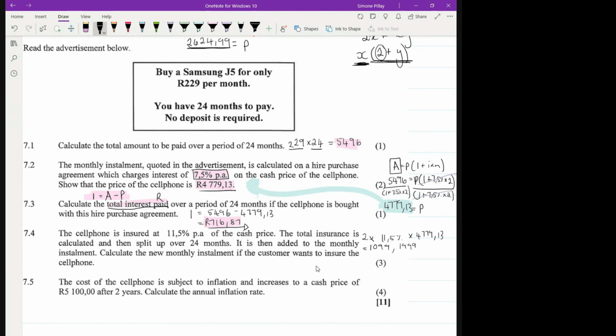So my add on is going to be 1,099.1999 divided by 24. And what I'm getting is 45 Rand 79.9, no, 799. And when we round that, it becomes 45.80.